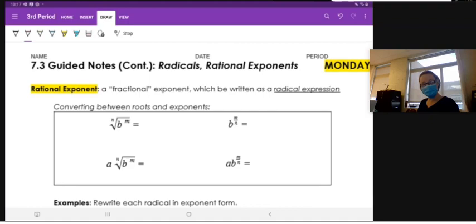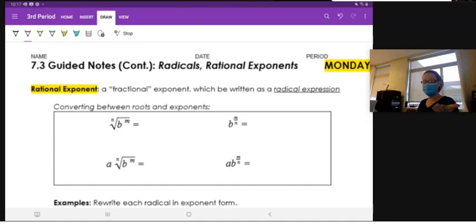You can actually write radicals as exponents, and you can write exponents as radicals. So there's a phrase here that you're going to want to know. It's rational exponent. All that means is an exponent that is a fraction. So if you hear us talking about rational exponents, we're talking about exponents that are fractions.